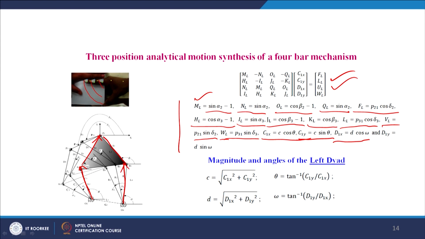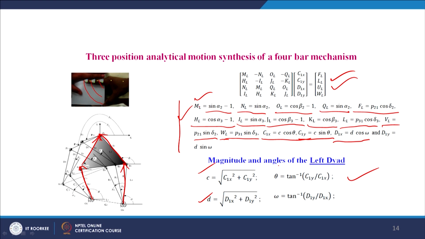Now we have solved for the magnitudes C and D for the left dyad, for these vectors C1 and D1. Similarly, theta, the angle between the ground link and the crank link, and omega, the angle between the x axis and the vector D1 of the left dyad of the four-bar mechanism, are obtained by solving the standard matrix form, which is obtained by assuming these values for the previous equations 9 to 12.